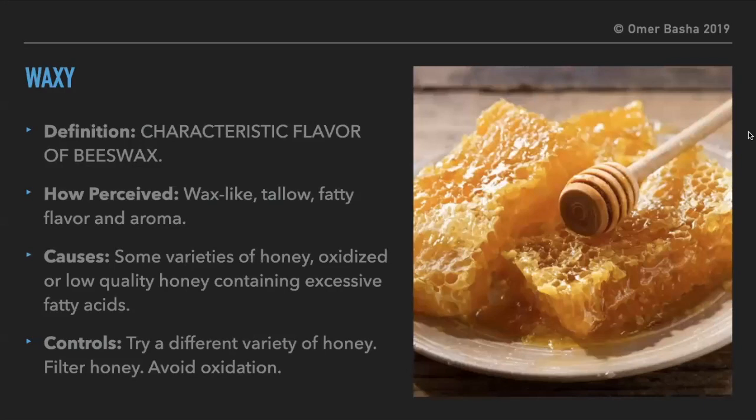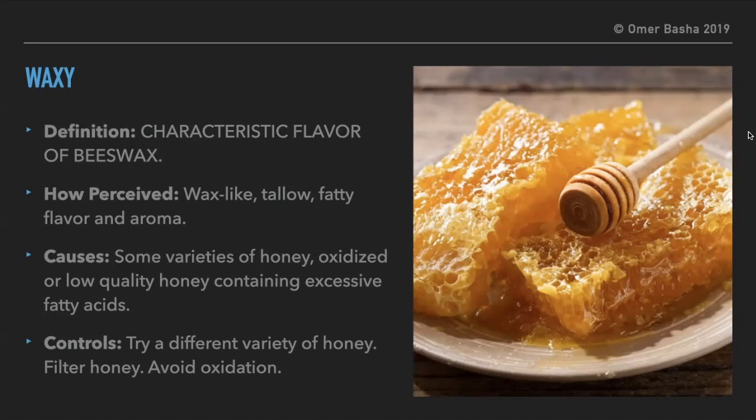And the next and last off flavor we'll discuss today is waxy. Waxy is quite distinct in mead. The definition is the characteristic flavor of beeswax. It's usually perceived as wax-like, like tallow or fatty flavor and aroma.